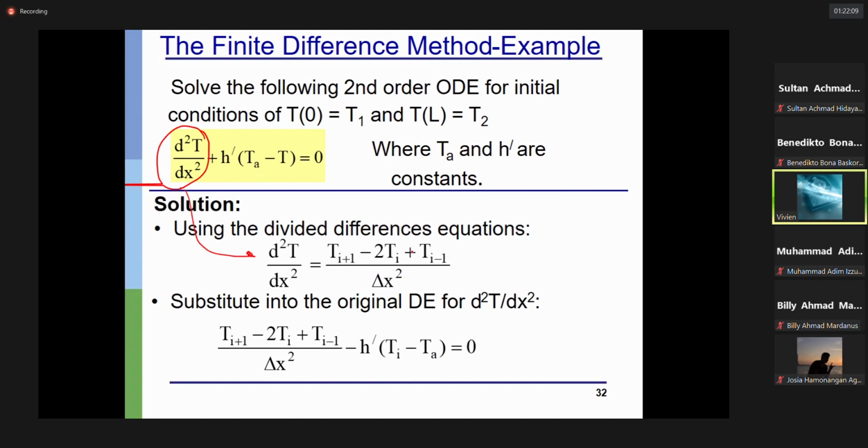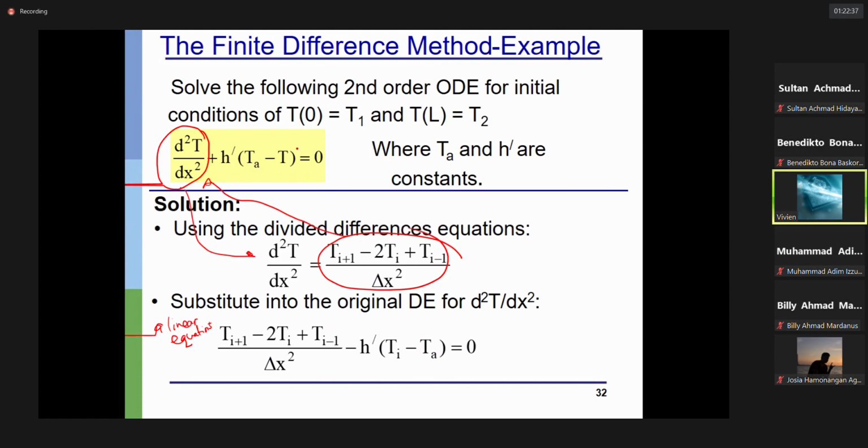When we substitute this into the equation, we will have this equation. So this is a linear algebra equation, a linear equation. Why? We don't have the derivative anymore, and this is all first order, linear, power 1.